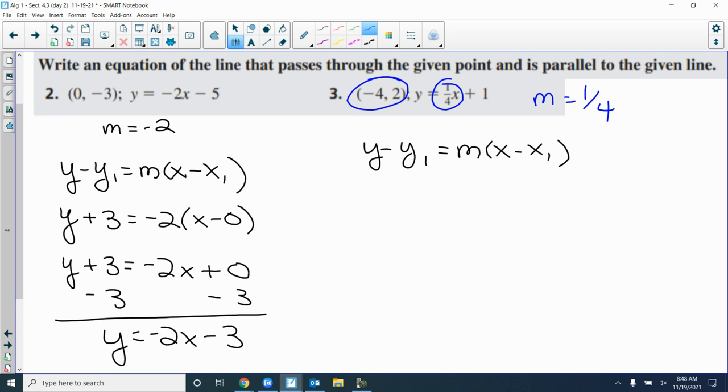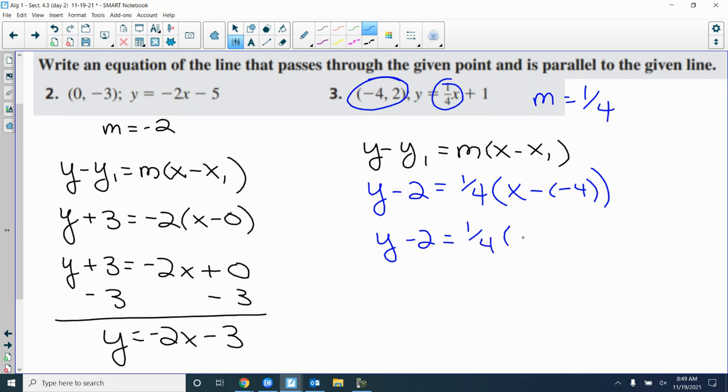Okay, Jeff, tell me what to do. Would it be y minus 2, because the y value is 2? Correct. Equals 1/4, x minus negative 4. Now, minus a negative becomes a what, Jeff? Positive. Good. So it becomes x plus 4.